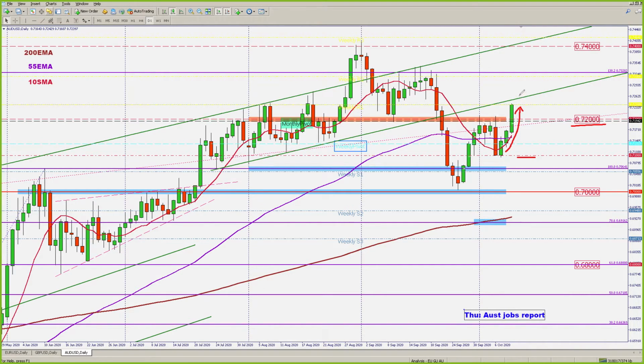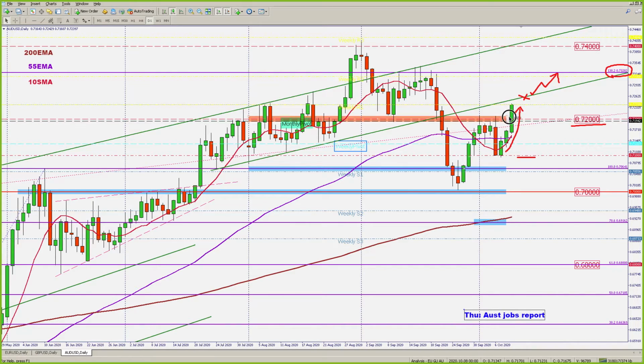It could try to retest the channel trend line. If the US dollar is still weak, it could climb all the way back up to the 138 Fib extension, the 73.28. We'll see how the US dollar index performs.